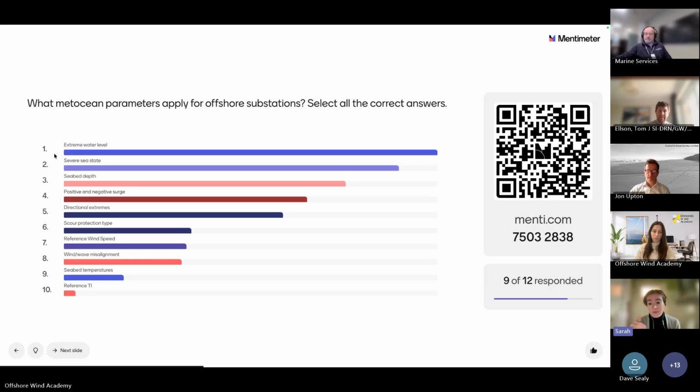We have extreme, severe, and normal sea states. All right, and let's see, there's one that I skipped here. Directional extremes. For foundations, they are calculated. They may be more important for some packages than others, but yes, these are calculated at this stage. All right, let's go on to the next one.